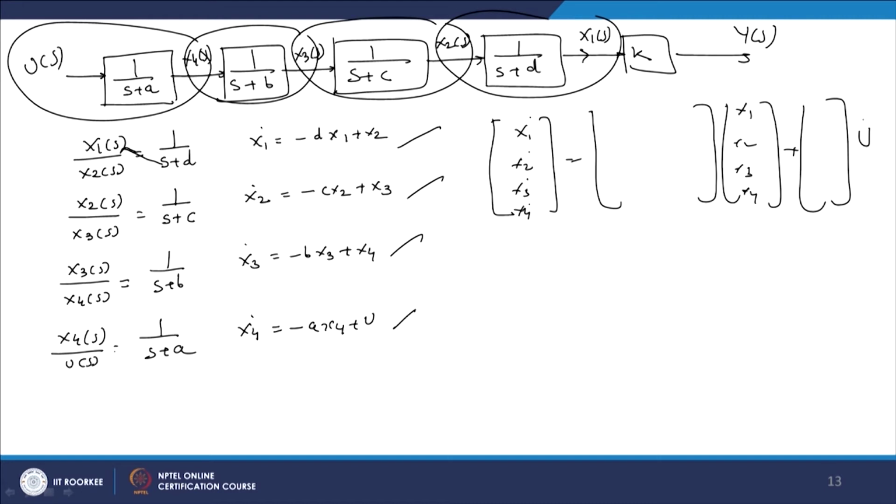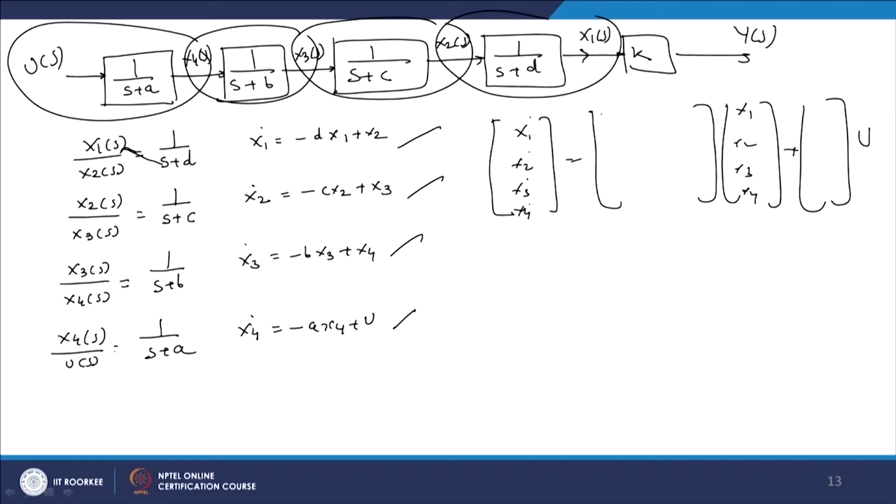Now, here what is x1 dot? x1 dot equal to minus d x1 plus x2. So, minus d, so we will write here minus d. And what is the term for x2? It is 1, the rest of the elements are zeros, and corresponding to u the element is also 0.